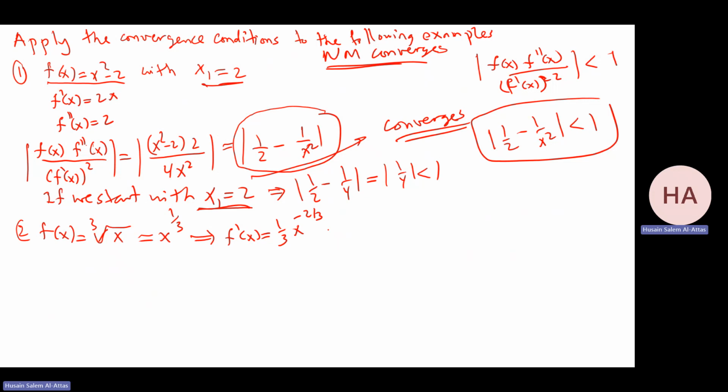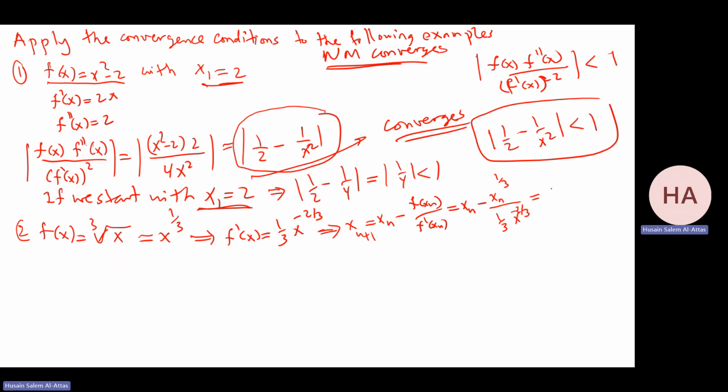And so if I apply the Newton's formula, I have xn plus 1 is xn minus f of xn over f prime at xn. And that will be xn minus f of xn, which is xn to the power 1/3 over. This one is what? 1/3 x minus 2/3.